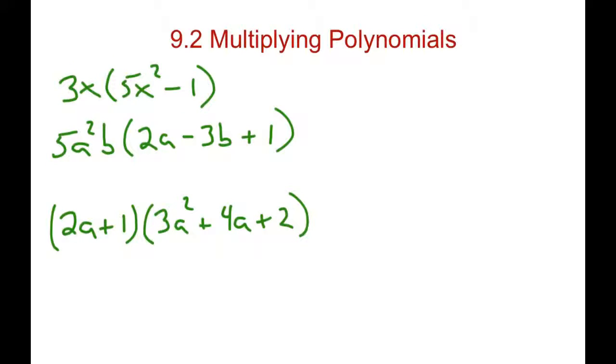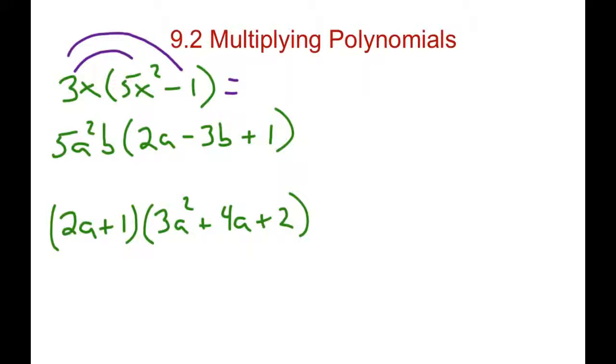Alright, now we're looking at 9.2, Multiplying Polynomials. So now, essentially, I'm going to distribute that 3x to everything inside the parentheses. And I'm going to remember my rules for multiplying with exponents. We did that in Chapter 8.